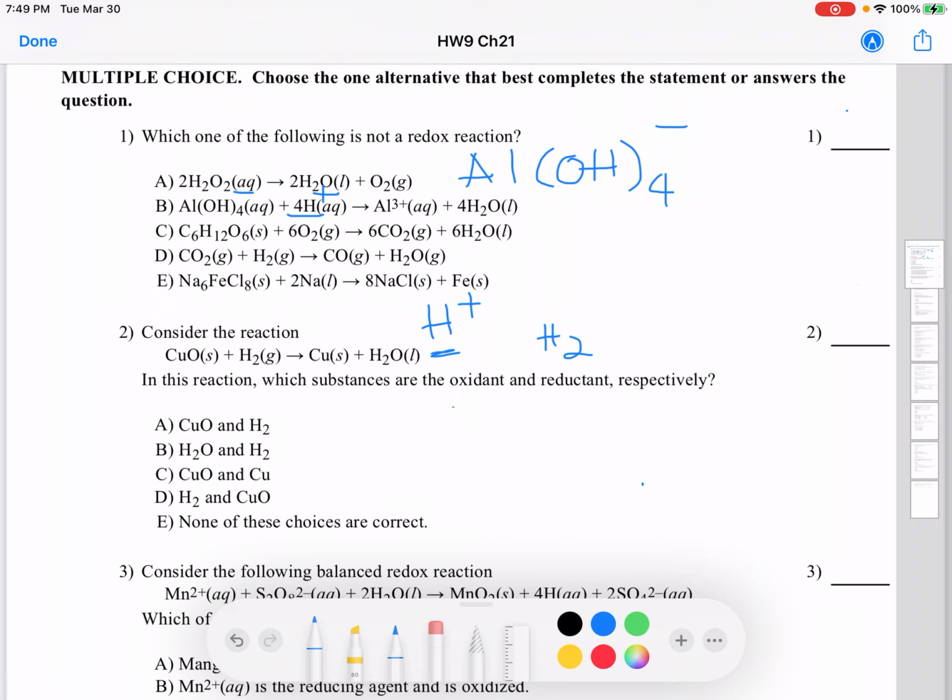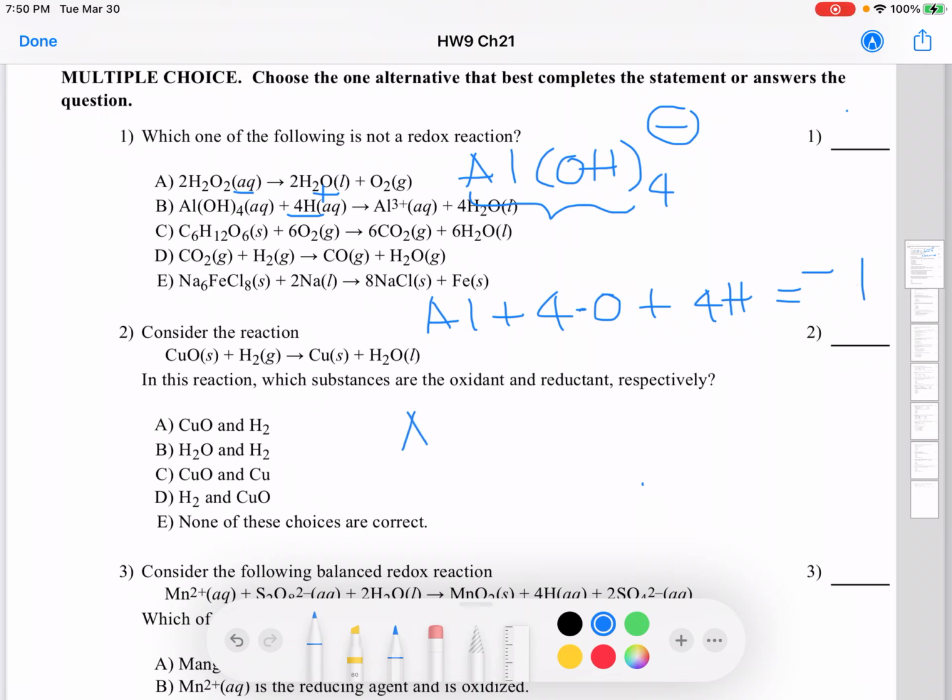Okay, now let's see what the oxidation number is for aluminum in aluminum hydroxide. I hope you remember, if you have a complex like this with a charge, the elements' oxidation numbers when you add them up equal the charge of the complex. For example, the aluminum oxidation number plus the 4 oxygens plus the 4 hydrogens should equal the charge of the complex, which is -1.